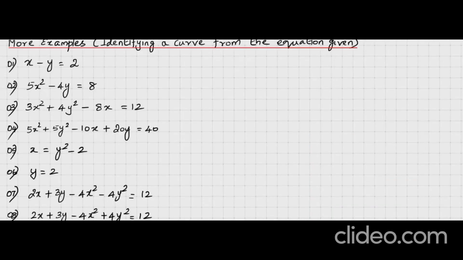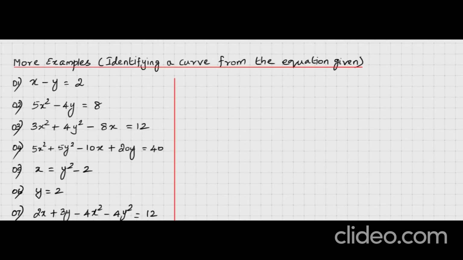Let's see problem number 1. The given equation is x minus y equals 2. For all the problems we are going to conclude with the help of only the degrees of x as well as the degrees of y.